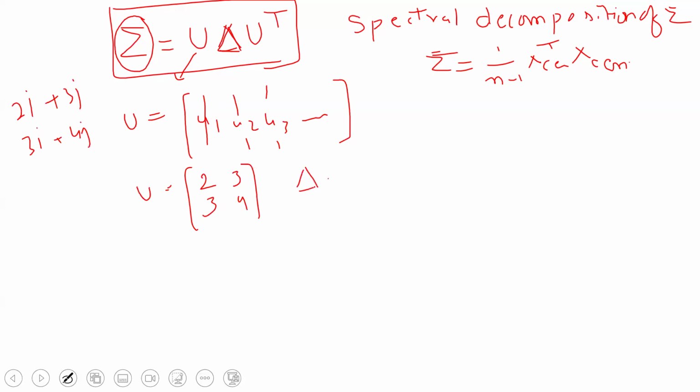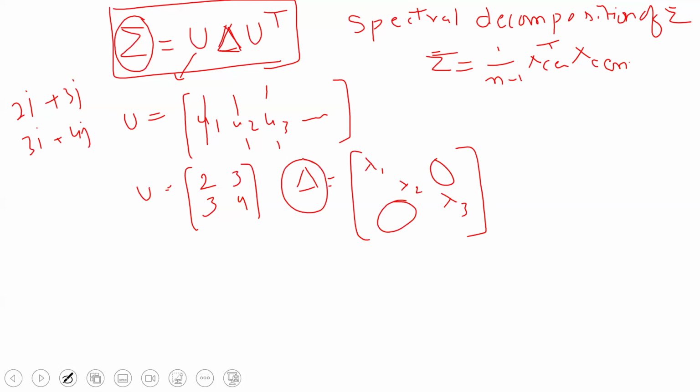What is delta? Delta is a diagonal matrix. You know what a diagonal matrix is: the diagonal elements are non-zero. These are lambda 1, lambda 2, lambda 3, that means eigenvalues. Delta is a diagonal matrix where the diagonal elements are the eigenvalues.